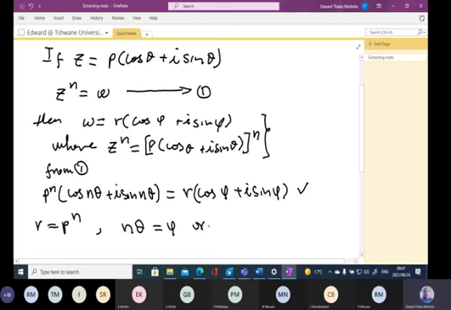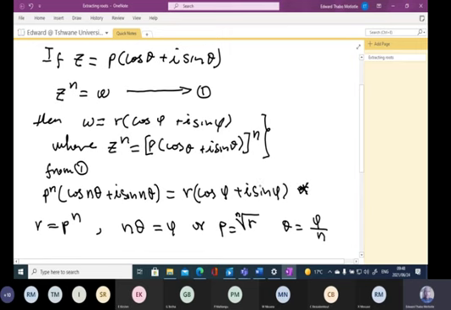We can write it differently as P is equal to the nth root of R, and theta is equal to phi over N. That's what we get from this star here.